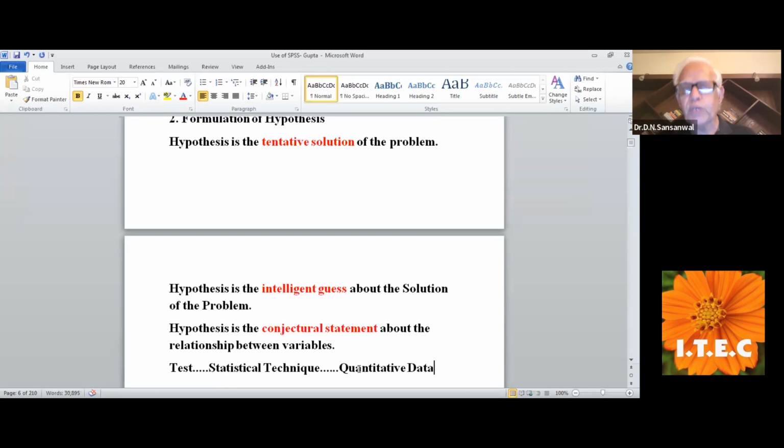If you have collected quantitative data, which can be analyzed with the help of the statistical technique, then you can test the hypothesis and you should formulate the hypothesis. I repeat, if you have a variable for which you can have quantitative data, then it can be analyzed with the help of a statistical technique, and you can test the hypothesis and you must formulate the hypothesis.